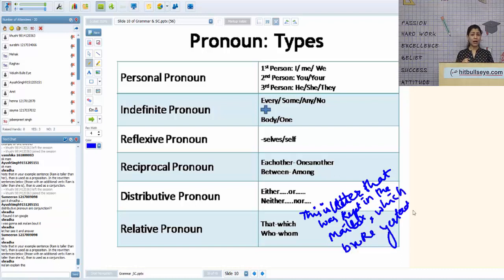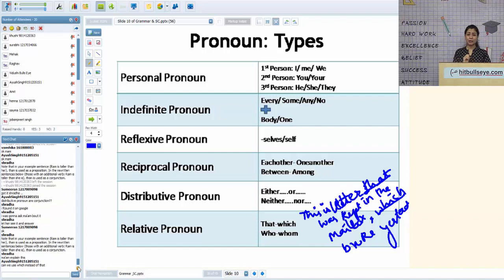So you see how I'm using that and which in the same type of sentence, but that is telling me a direct relationship between the letter and the mailbox, whereas which is adding additional information about the mailbox in the sentence. So which is telling me that the mailbox broke yesterday.